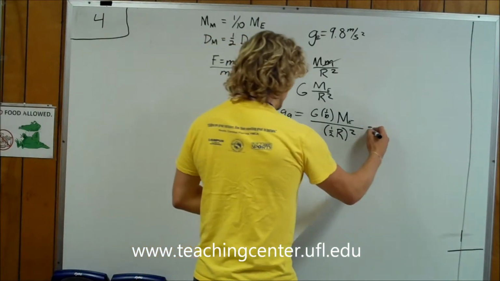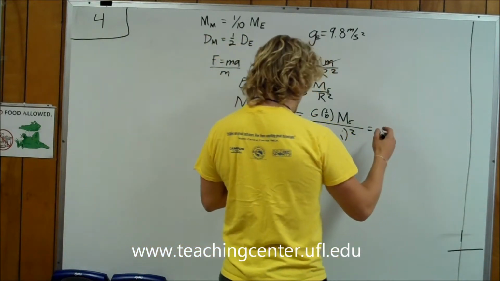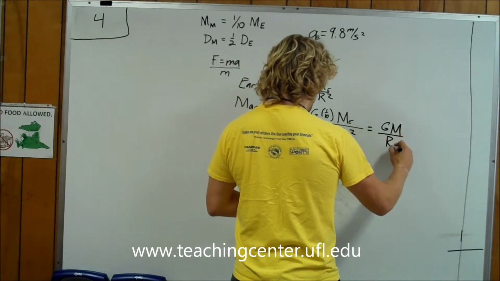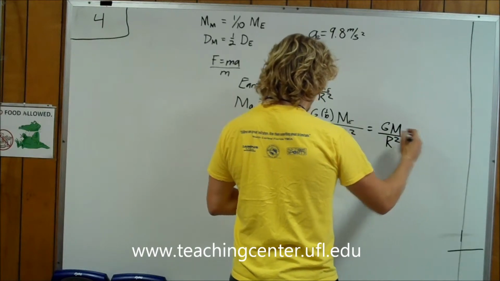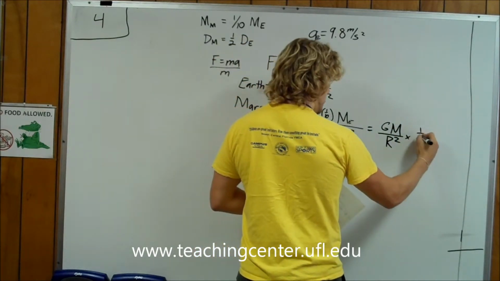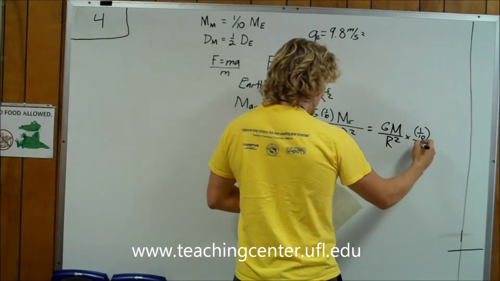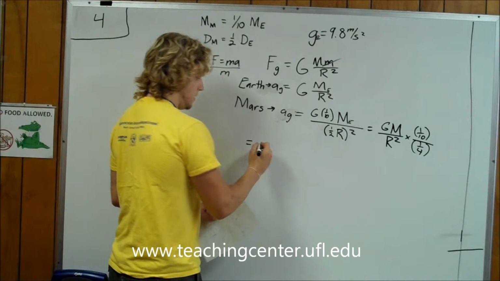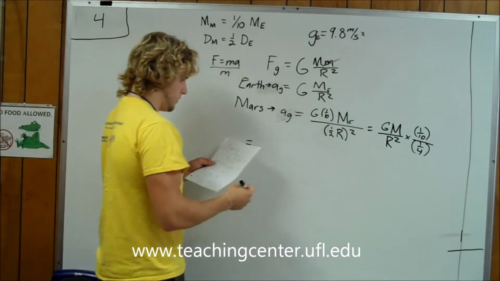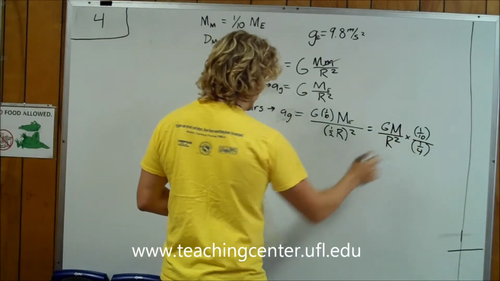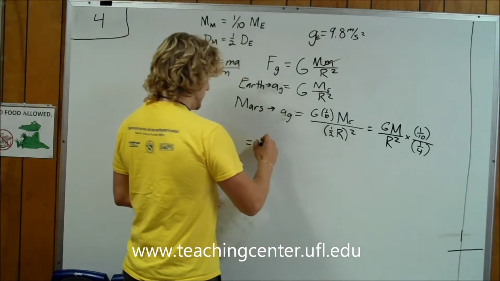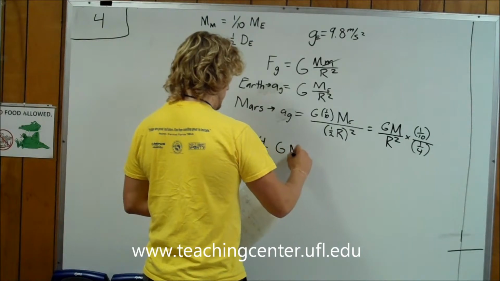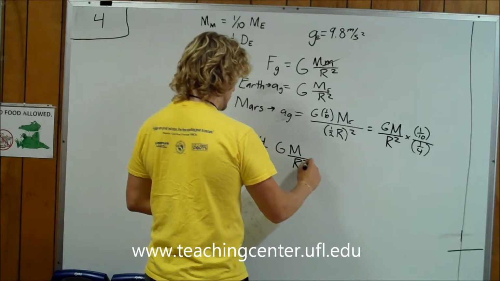So this turns into G m over r squared times 1/10 in the numerator, 1/4 in the denominator. So that means it's going to be 1/10 over 1/4. That means it's going to be 4/10 G m over r squared.